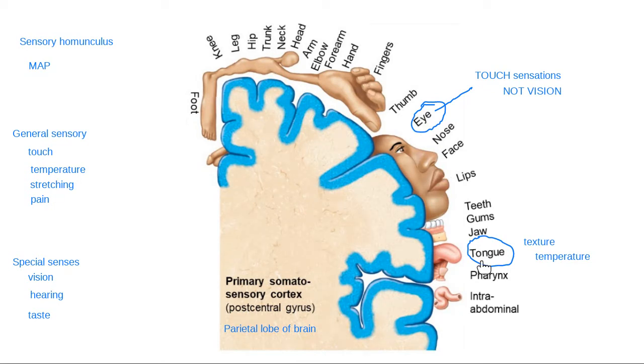If this is the right hemisphere of the brain, yeah, so when we talk about general sensory information, it's actually sent to the opposite side of the body. So the touch information that you see on this part of my homunculus right here actually came from the opposite side of the body, the fingers on the opposite side. Same thing here with the features of the face, that's coming from the opposite side.